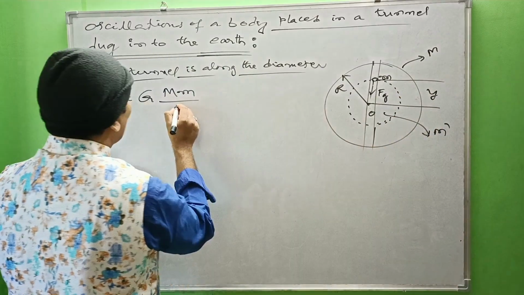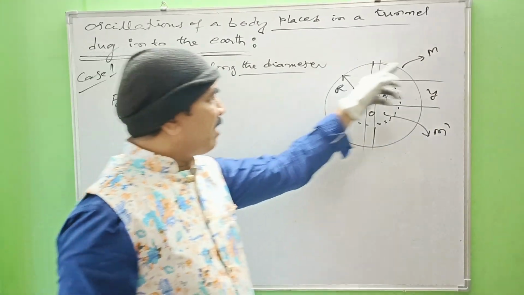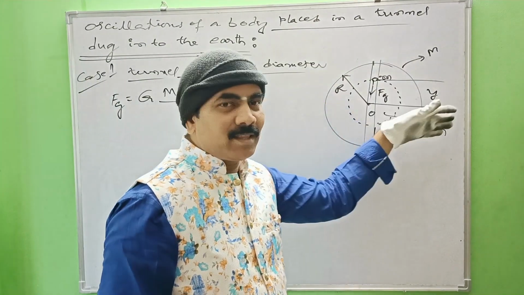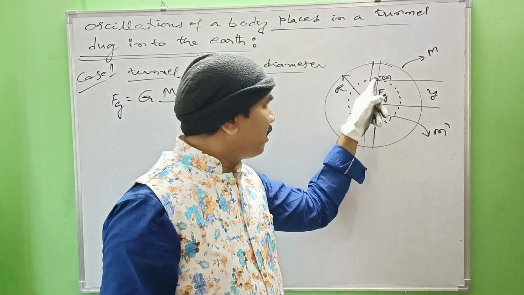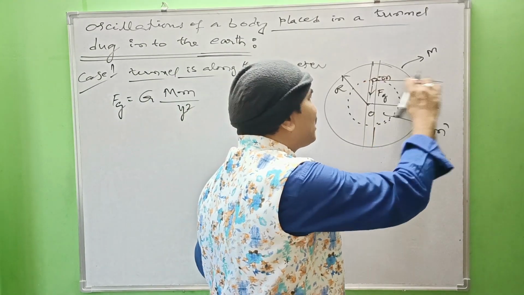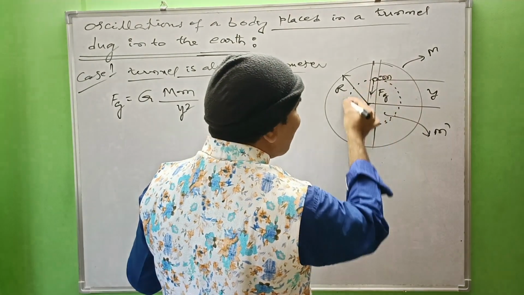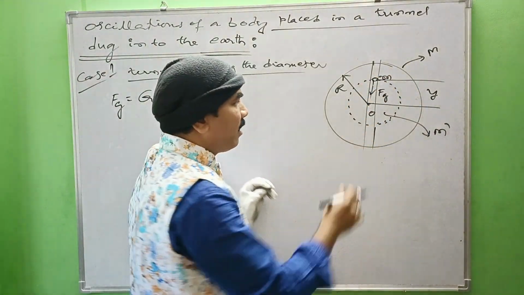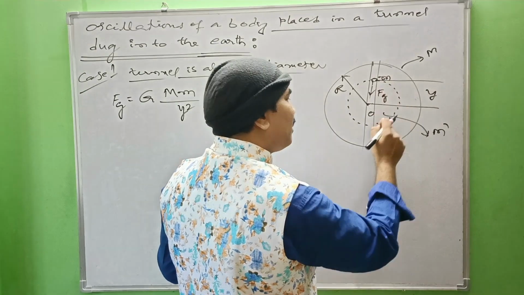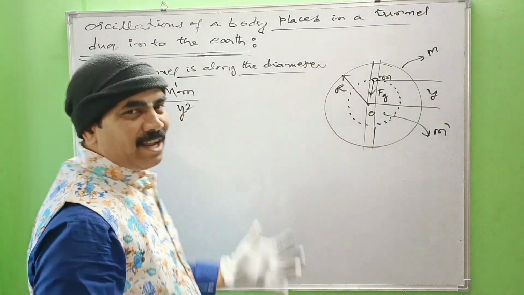That is y. So y squared. But here it is not capital M, because capital M is the mass of the entire sphere of the earth. As the body is placed on the surface of a smaller sphere of radius y, it should be M dash, the mass of the effective sphere. How to get M dash?